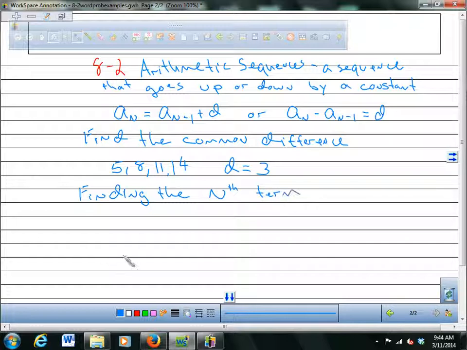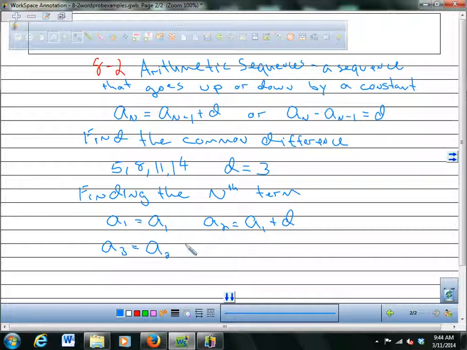The way they do it is like this. They say a sub 1 equals a sub 1. Right? A sub 2 is equal to a sub 1 plus the common difference. Right? A sub 3 is going to be equal to a sub 2 plus the common difference as well.